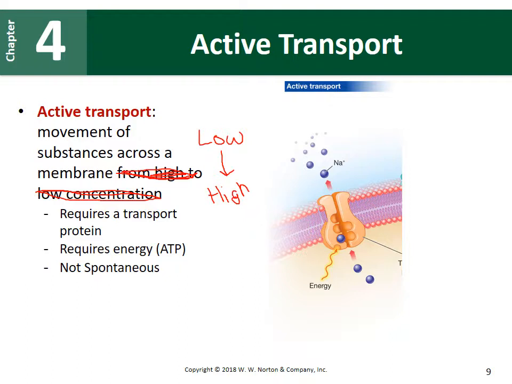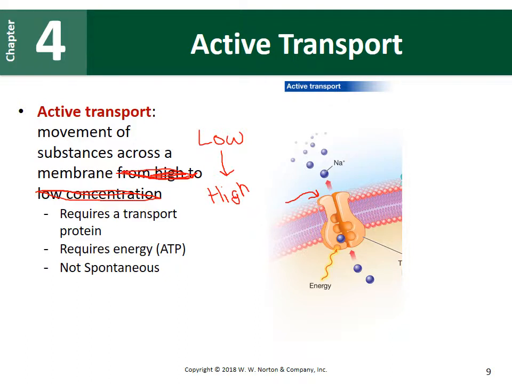So in order to do this, this requires a transport protein that will be embedded into the plasma membrane, and that is this orange structure here. In addition, we also require energy in the form of ATP.